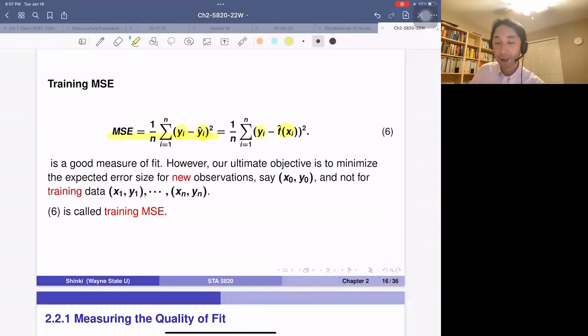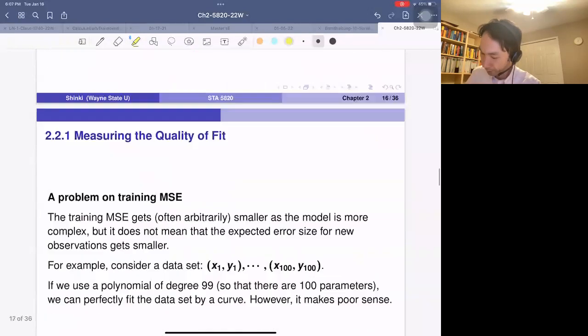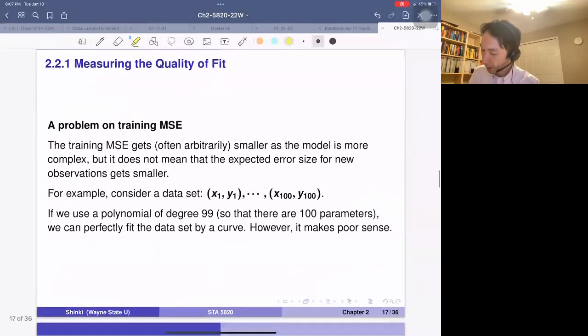So that is a little different. That is a problem, but at least it's easy to calculate training MSE.